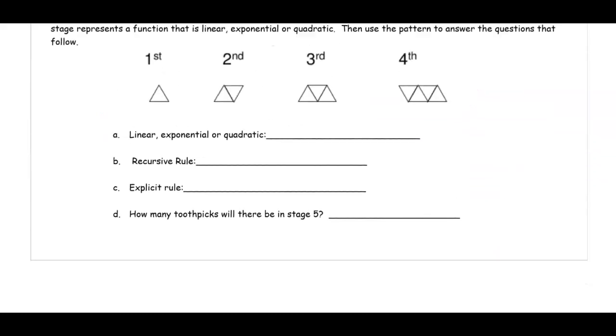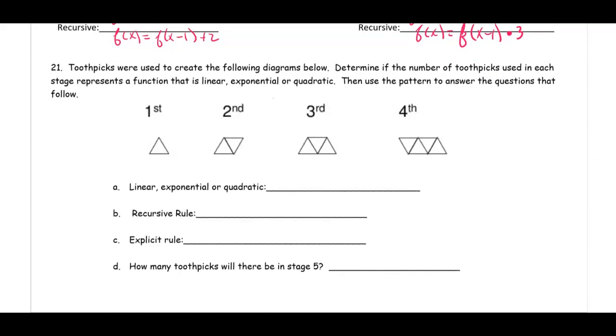All right. This next example, real quick. Toothpicks were used to create the following diagrams below. Determine if the number of toothpicks used represents a function that is linear, exponential, or quadratic. Okay, so right away, you have first stage, how many toothpicks did you have? 3. Second stage, you had 1, 2, 3, 4, 5.